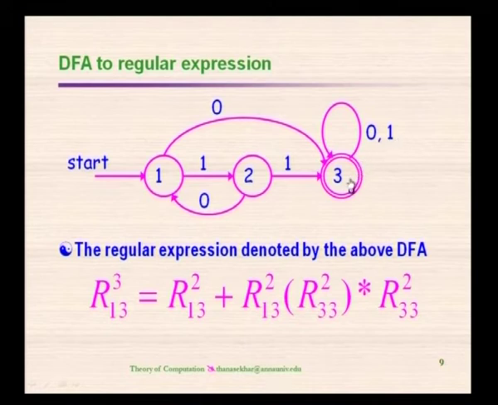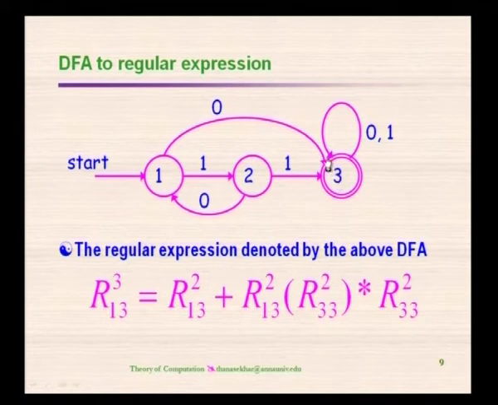So, when you are in 3 we can come back to 3 any number of times irrespective of whatever the symbol we are having, it can be either 0 or 1. Now, the question is, how do you describe the regular expression denoted by this automata? Find out what is the start state, what is the final state, and what are all the allowed intermediate states.